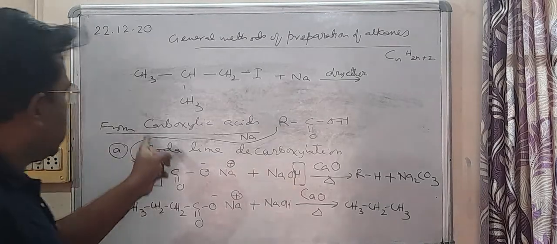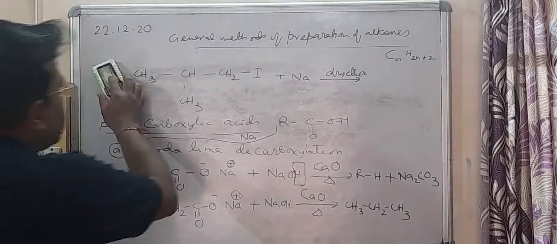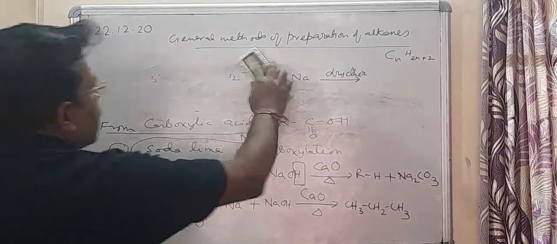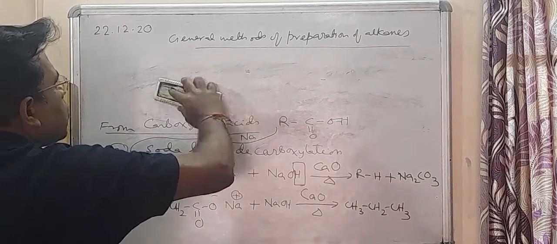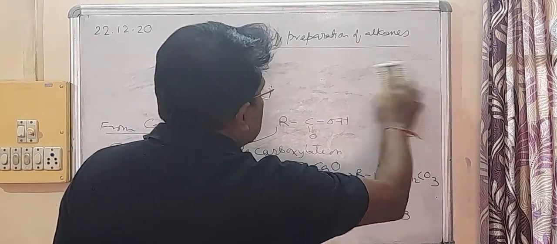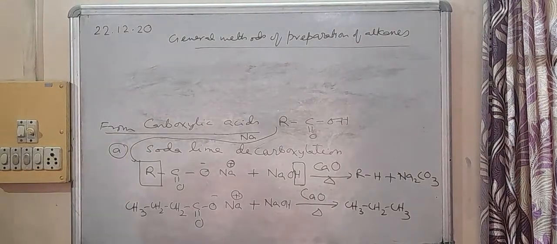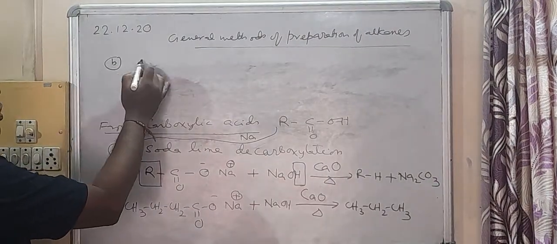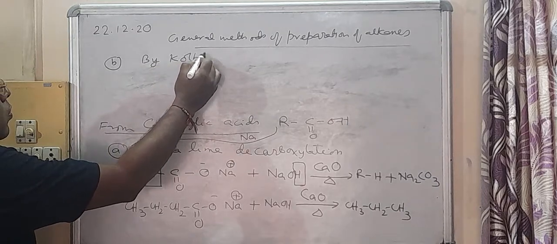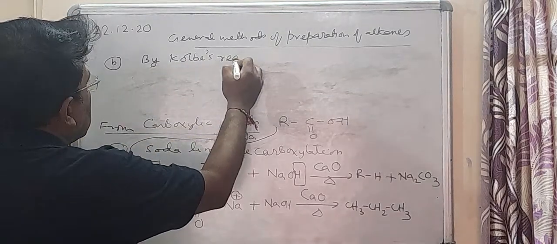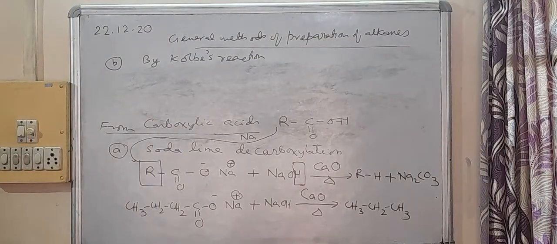Now another method is again a name reaction, that is Kolbe's reaction. By Kolbe's reaction also we can prepare alkane.